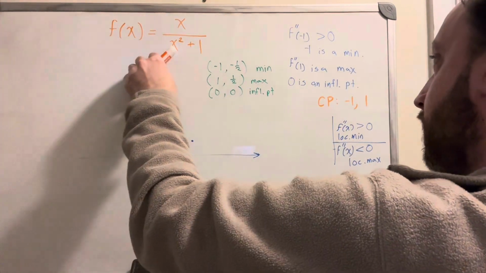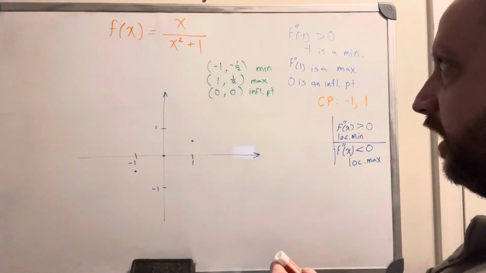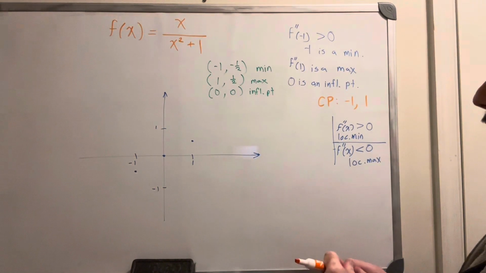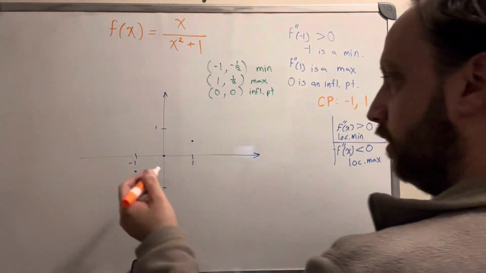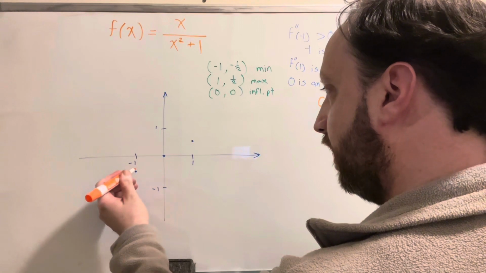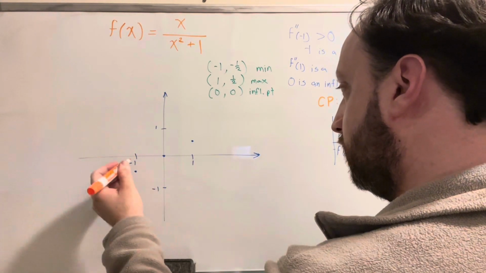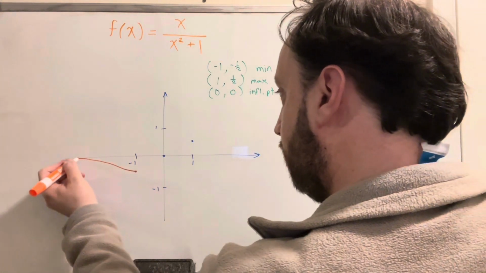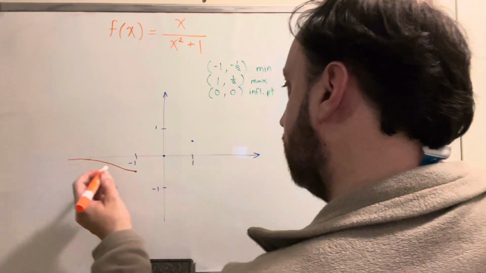This might be negative 100 squared. So it's going to get less and less because the degree of the denominator is greater. So as the function gets greater and greater in the negative direction, it gets closer and closer to 0, but stays on the negative side. Well, you know, it approaches 0.